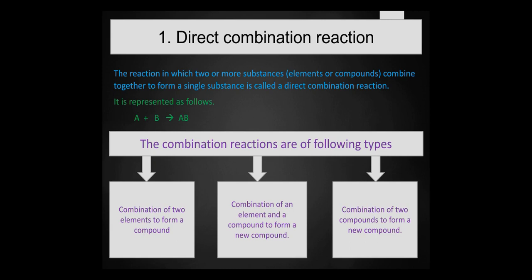As we know, reactions take place between elements or between compounds. So three possible types of combination reaction are either two elements will combine, two compounds will combine with each other, or one element and one compound will combine with each other.